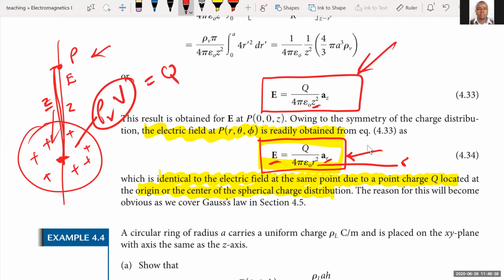So if you now change that you want to observe it at this point, R is going to be from the center to a point of observation P2 now, and our unit vector becomes AR. Therefore, this is a very important formula that someone must understand.